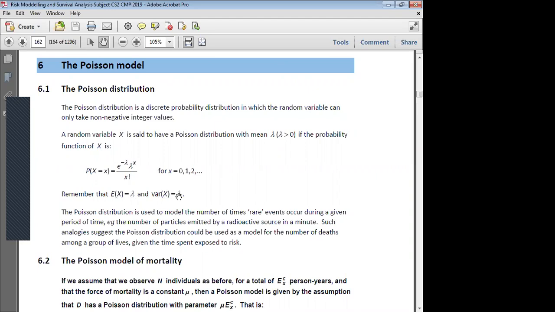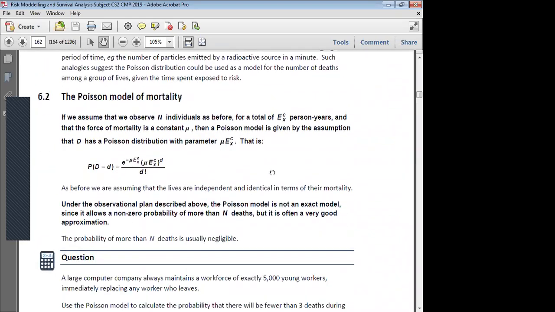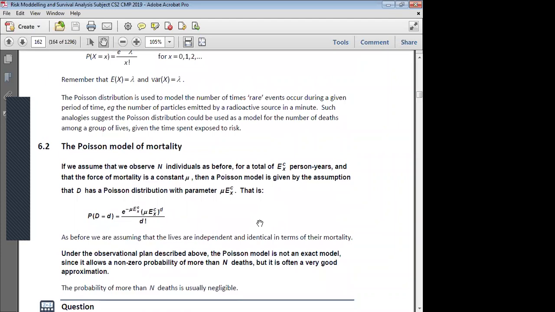I can also assume that it follows a binomial distribution or some other distribution. If I assume Poisson, then I get my Poisson model of mortality. This is nothing very new, just another move forward. We are assuming that n is the total number of individuals that you observe.